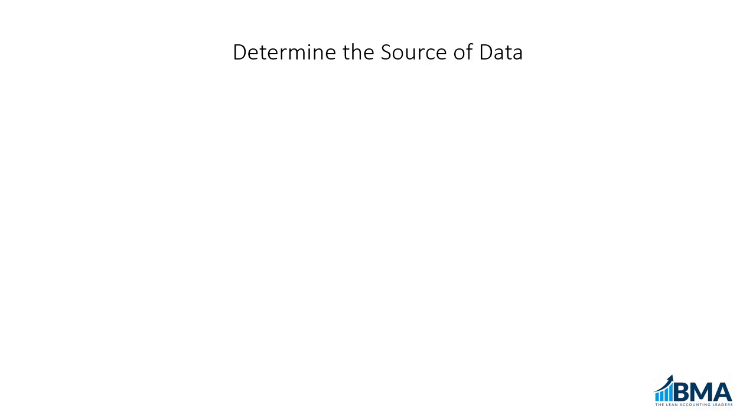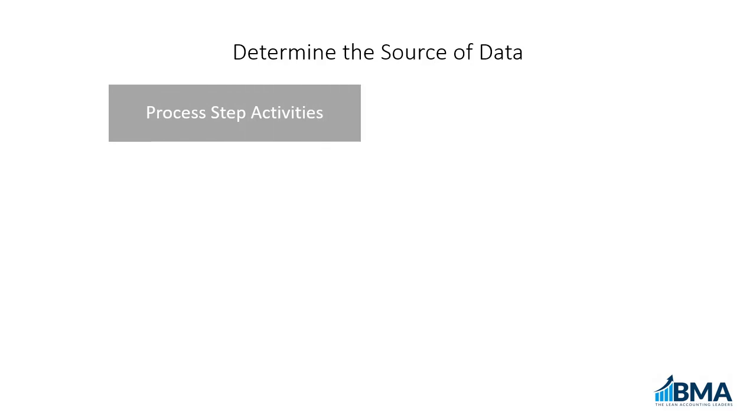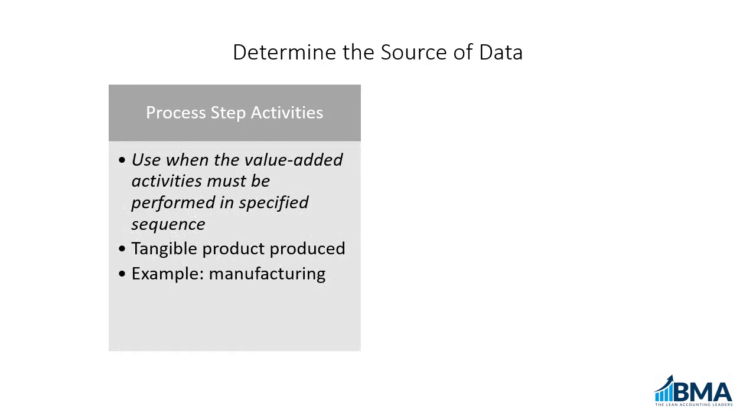Determining the source of data. And you have some options here. One way is to look at the steps in the process. Now, this is typically the best way to measure capacity when the value-added activities of the process must be performed in a specific sequence.